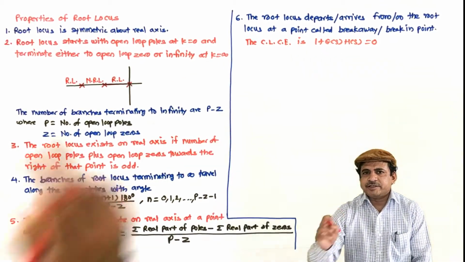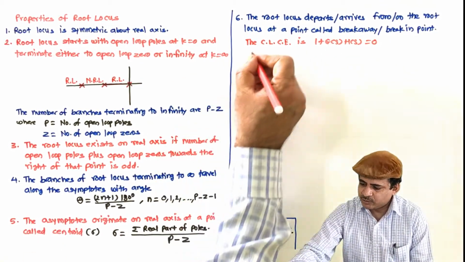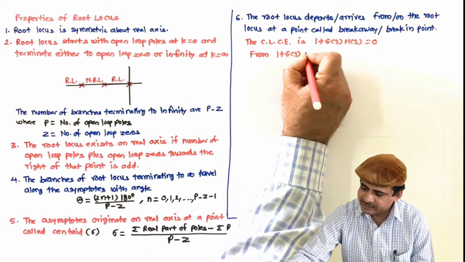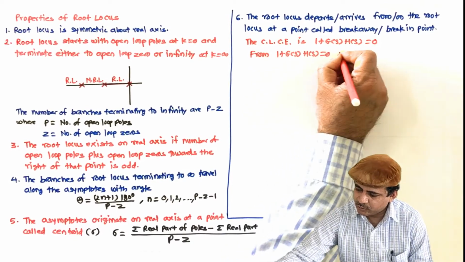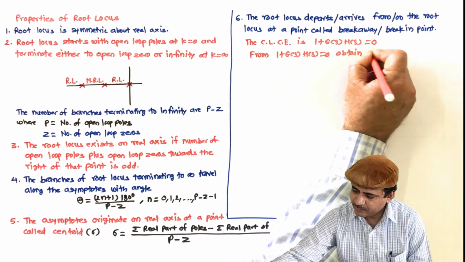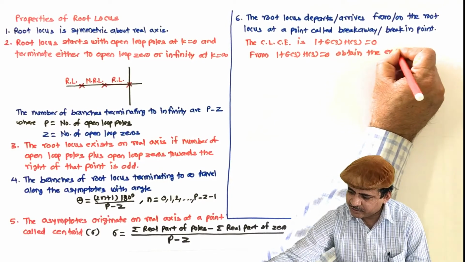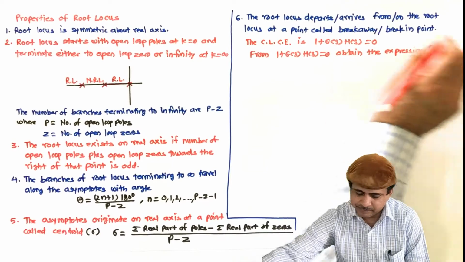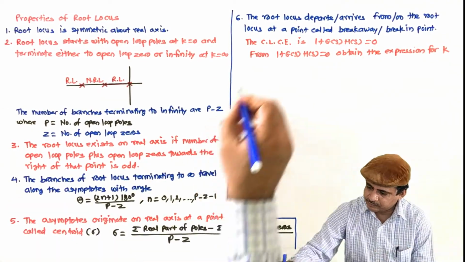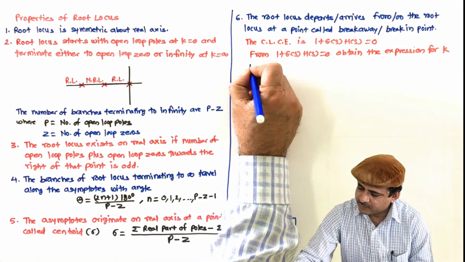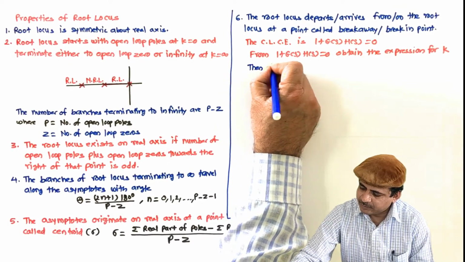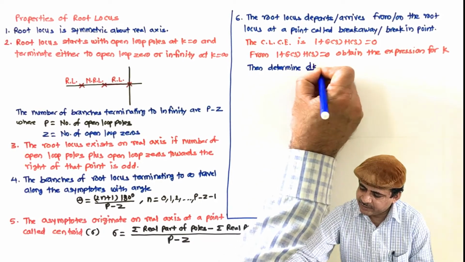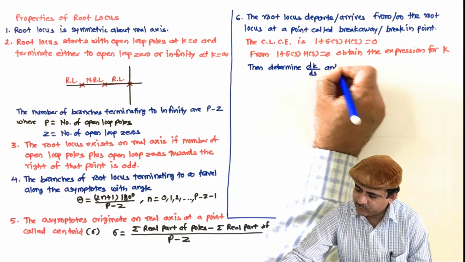Now this G(s)H(s) involves a K. So from 1 plus G(s)H(s) equal to 0, obtain the expression for K. Then determine dK/ds and equate it to 0.